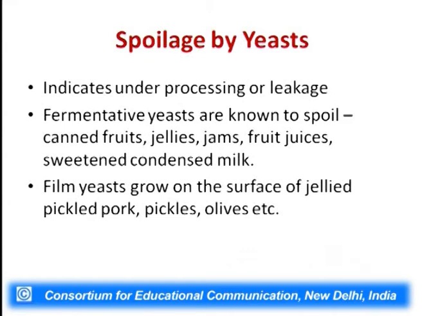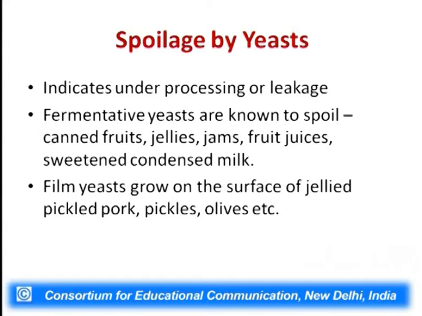Now, spoilage by yeasts indicates underprocessing or leakage, because yeasts cannot tolerate heat or higher processing temperatures. So, if spoilage is occurring, this suggests that post-heat contamination has taken place.